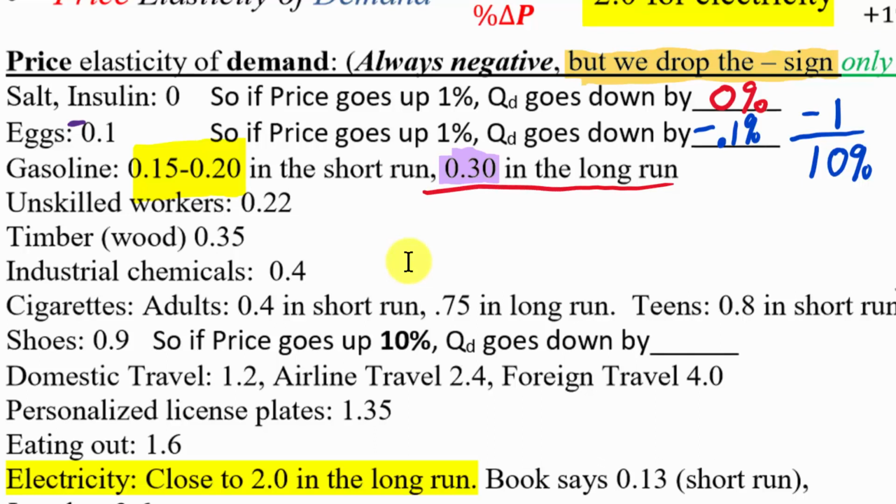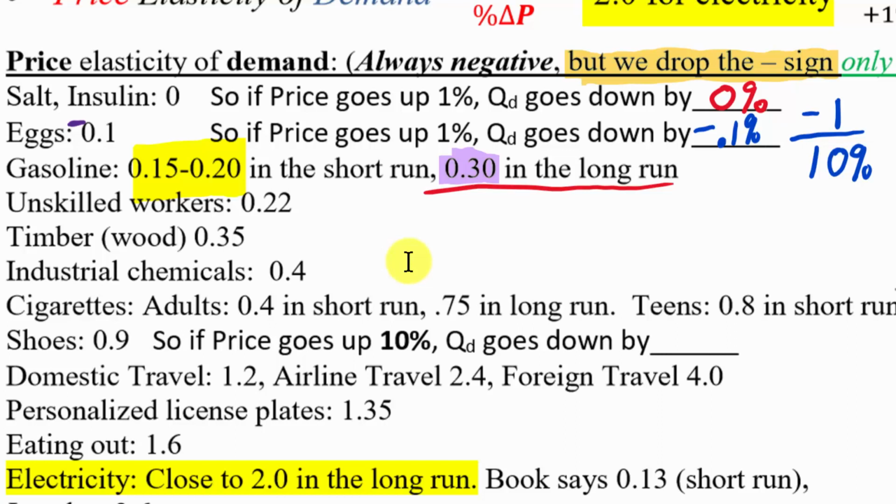What could you do differently in 6 months that you can't do tomorrow if the price of gas were to go way up? Well, there's a lot of things. Number one, you could get a more efficient car so you could use less gas. You could get a battery-operated car or one of those flex fuel cars we were talking about in the long run, but you can't run out and do that tomorrow, or at least most people can't.